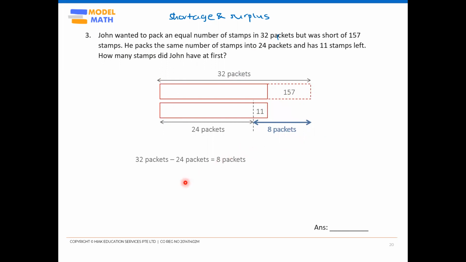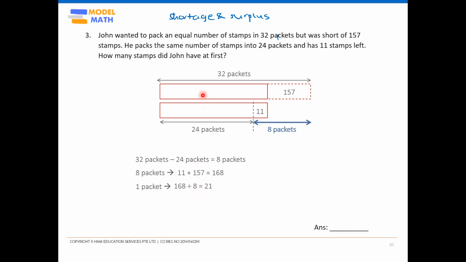And we can go on to find out how many stamps are in the 8 packets. We have 11 and we have this 157 here. They are all parts of the 8 packets. So 11 plus 157 will be your stamps in 8 packets. Next step is to find 1 packet as usual, which will have 21 stamps.